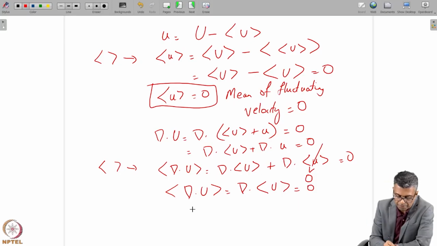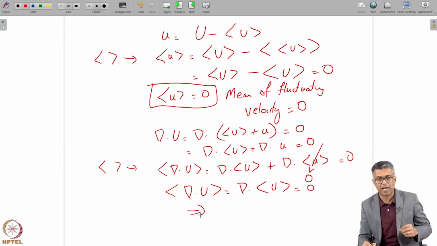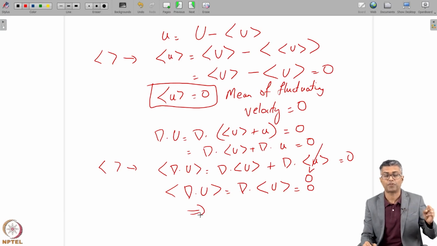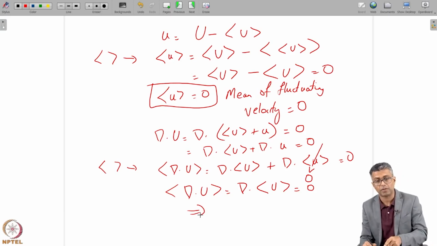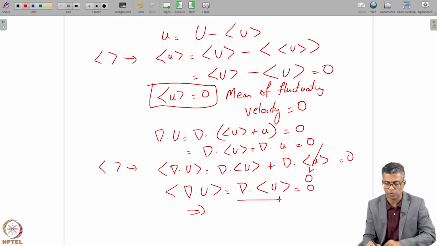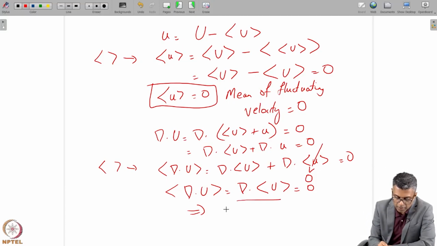Which means that if the divergence of the velocity is equal to 0, the divergence of the mean of the velocity is equal to 0, and from here the divergence of the fluctuating velocity has to be equal to 0.